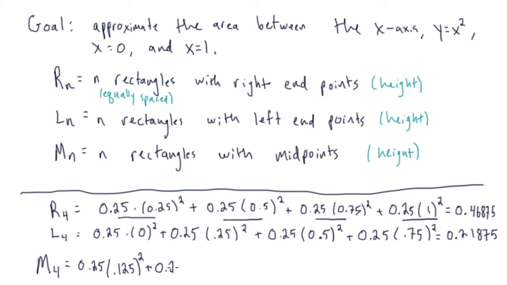And then for the second subinterval between 0.25 and 0.5, I do the same thing. I just find the midpoint. That's going to be 0.375. And then for the third subinterval, we'll have 0.625.